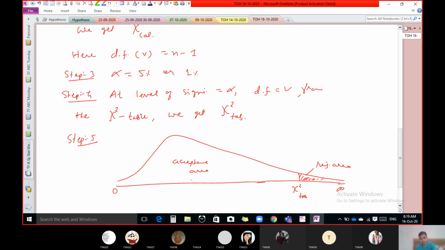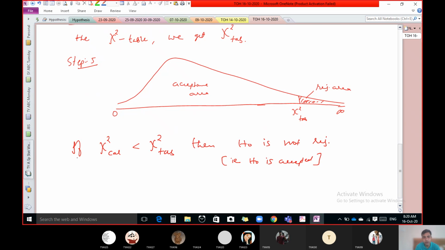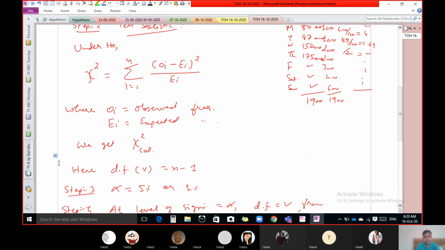So if chi-square cal is less than chi-square tab, then H naught is accepted, not rejected. That is, H naught is accepted, otherwise rejected. So this is the way to take a decision in chi-square. So only one thing we have to calculate here, that is chi-square cal.